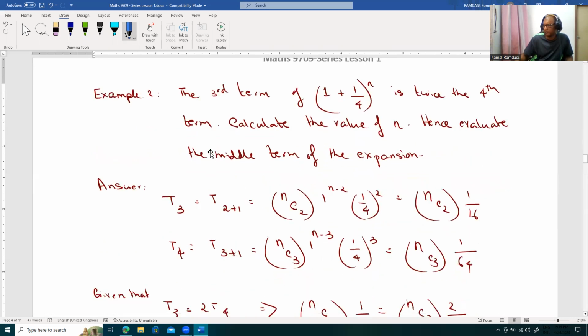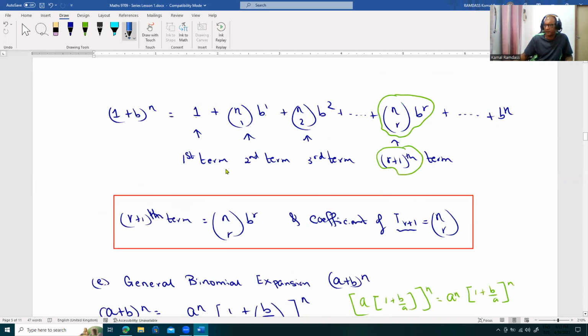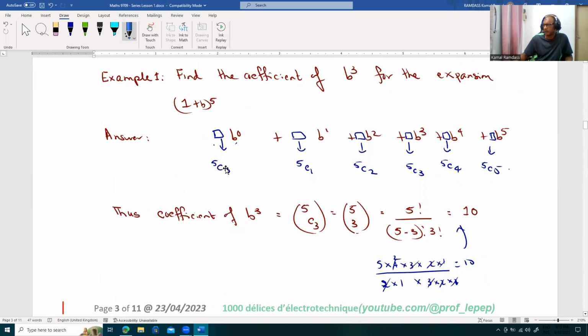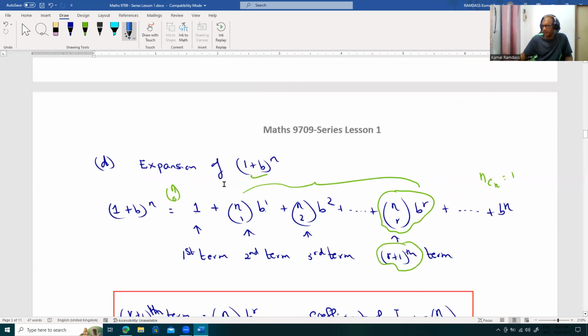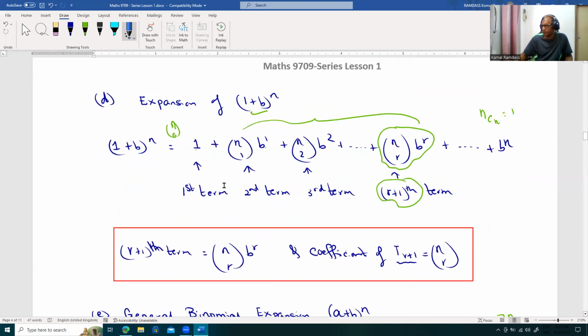First, we need to know that the third term, T3, is T(2+1). The third term is the coefficient of, say, b squared, because of 1 plus 1 over 4.